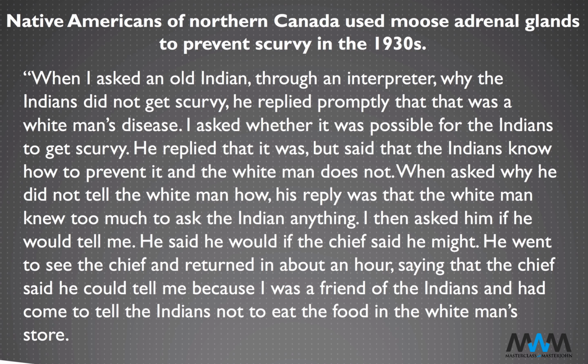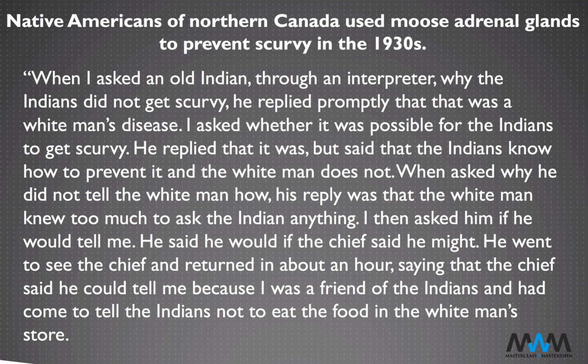You can see a quote on the screen from Nutrition and Physical Degeneration by Weston Price, who talked to Native Americans of northern Canada about their use of moose adrenal gland to prevent scurvy in the 1930s. Quote, "When I asked an old Indian, through an interpreter, why the Indians did not get scurvy, he replied promptly that that was a white man's disease."